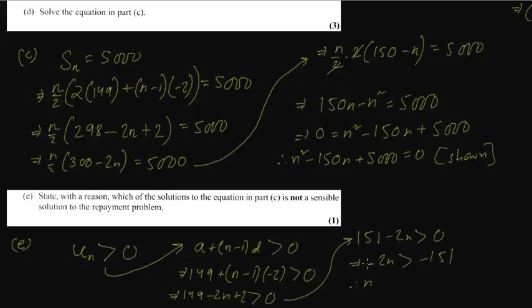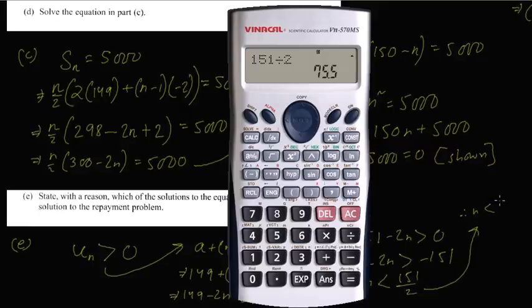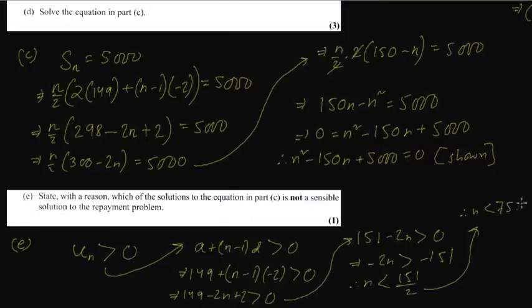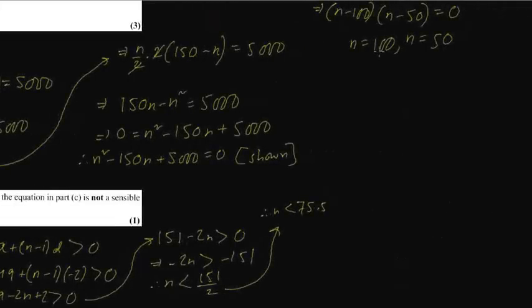Therefore n is, now if you divide by a negative number, the inequality is reversed, less than 151 divided by 2. 151 divided by 2 means 75.5. So n has to be less than 75.5, but one of our answers was n equals 100. So n cannot be 100.